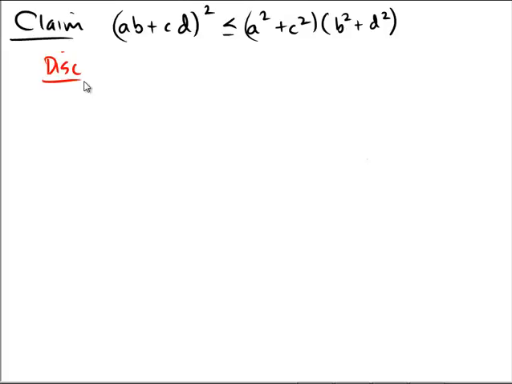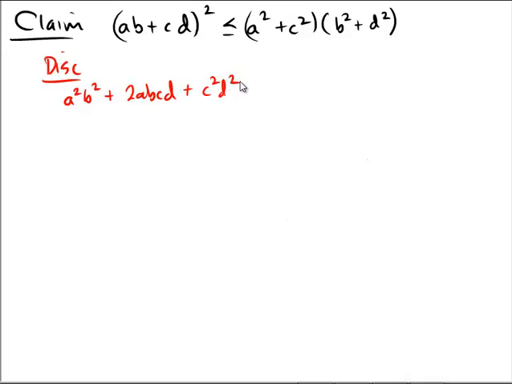Okay, in my discussion, on the left-hand side, I'm going to distribute to figure out what that left-hand side actually is. It's A squared B squared plus 2ABCD plus C squared D squared.